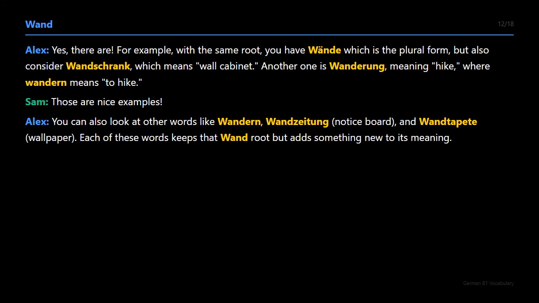Those are nice examples. You can also look at other words like Wandzeitung, notice board, and Wandtapete, wallpaper. Each of these words keeps that Wand root but adds something new to its meaning. I see how those are connected.